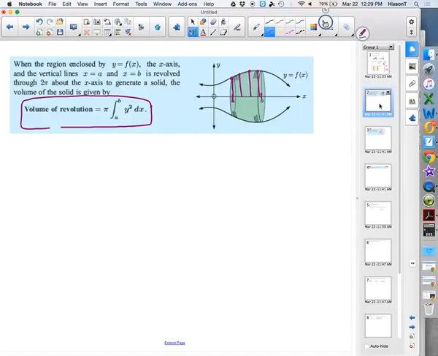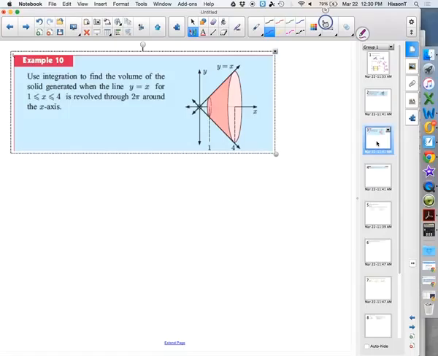So we're going to integrate the function of y. We're going to integrate y, which is a function of x. Yeah, that's what I mean. Okay? So for example, in this case, y equals x. We're starting with a very basic one, y equals x.